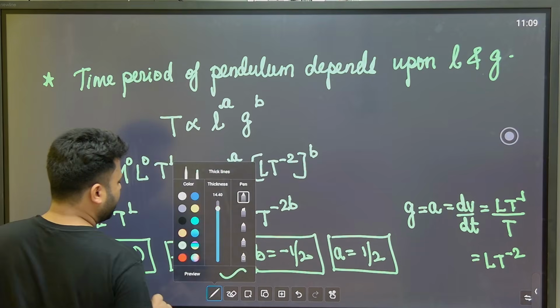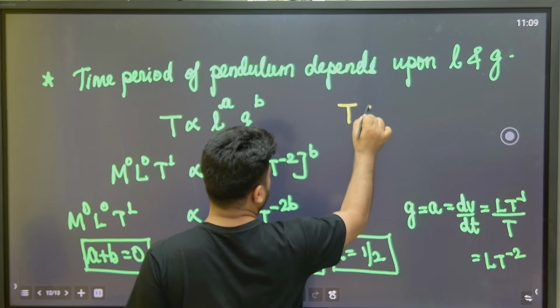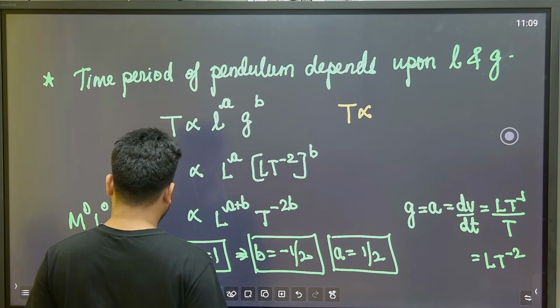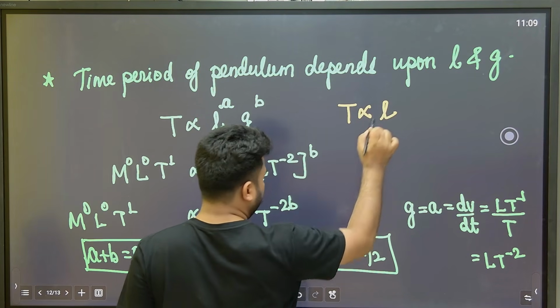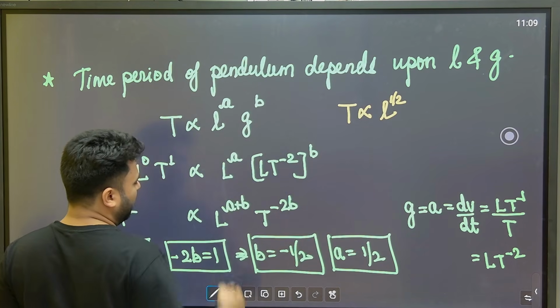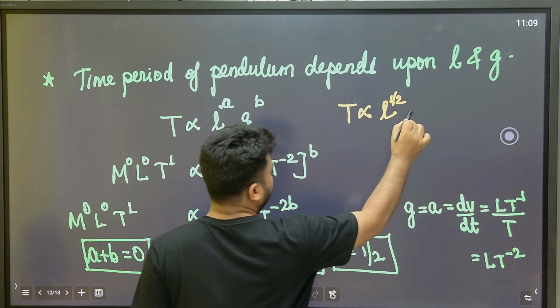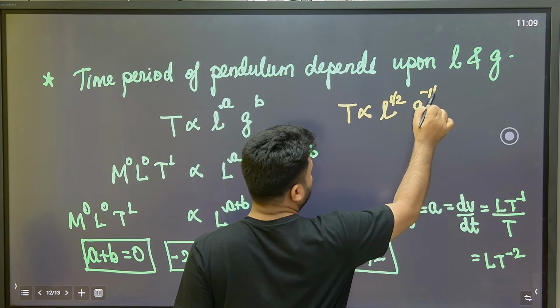Finally we can write time period is directly proportional to length to the power a. So L to the power a, we have got 1 by 2. G to the power b, we have got minus 1 by 2.